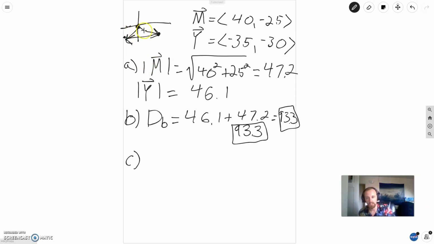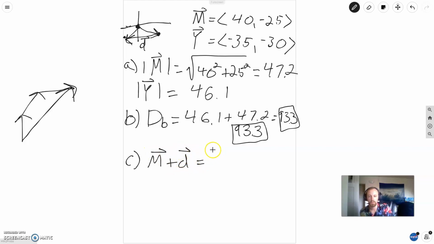Remember with vector addition, I can do this plus this equals this third one over here, that tip to tail business. If I'm adding vectors 1, 2, and 3, their sum is this vector. So if I call this little vector D, I can do M plus D equals y.